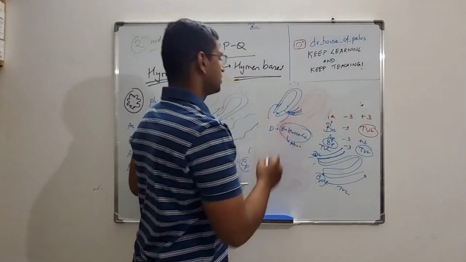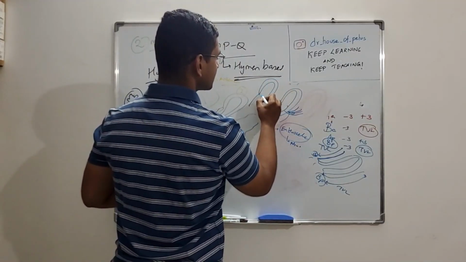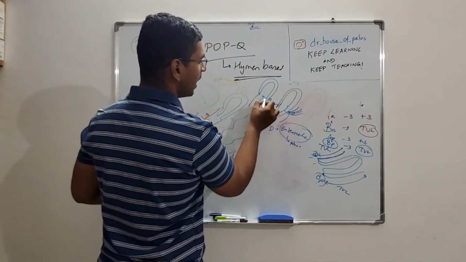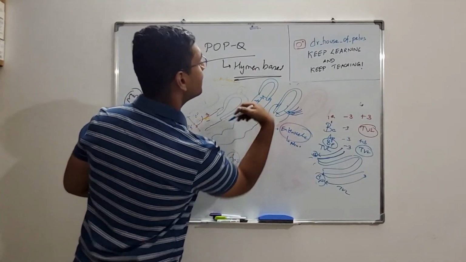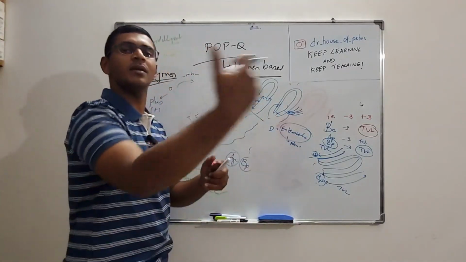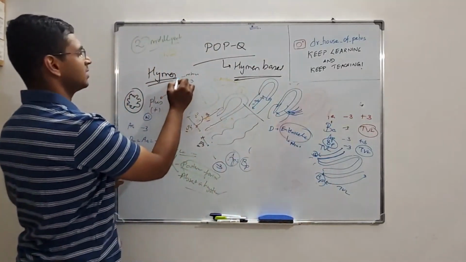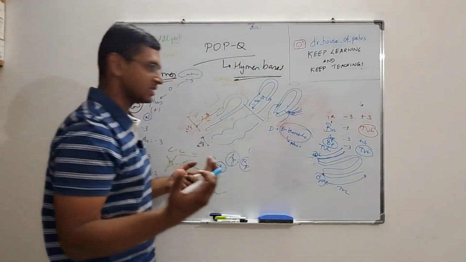Understood? So now tell me, normally point C is completely inside, which will be almost equivalent to the level of total vaginal length. Since it is beyond this plane, it will be minus total vaginal length in terminology, which we discussed here. Anything above this plane will be minus, anything below the plane of hymen will be plus.